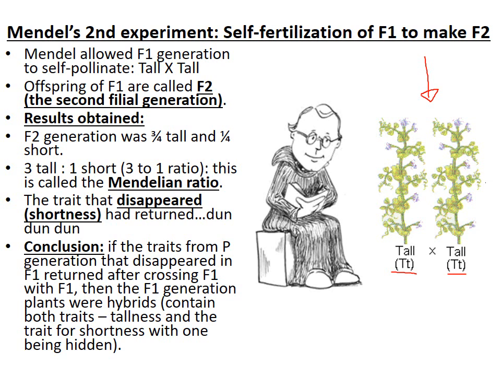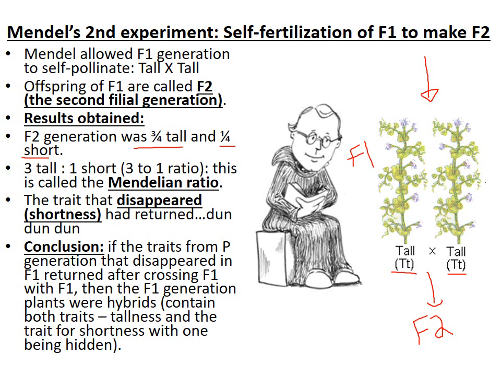In the generation produced by the F1, first filial generation, they had kids and they were called the F2, the second filial generation. In the F2 generation, 3/4 of the plants were tall and 1/4 short.